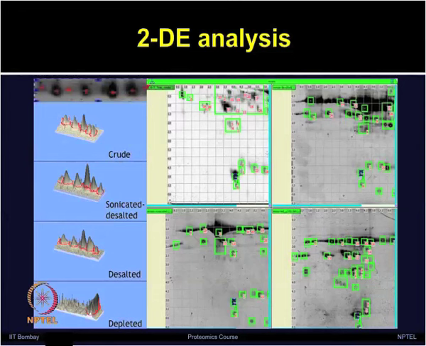We also tried to see how many proteins we can separate on the small gels, and as expected the small gel of 7 centimeter cannot provide us a very large number of proteins, but even these gels can be used for the standardization process. As you can see, going from the crude serum to the desalted and then finally sonicated and desalted gives us better coverage of the proteome.